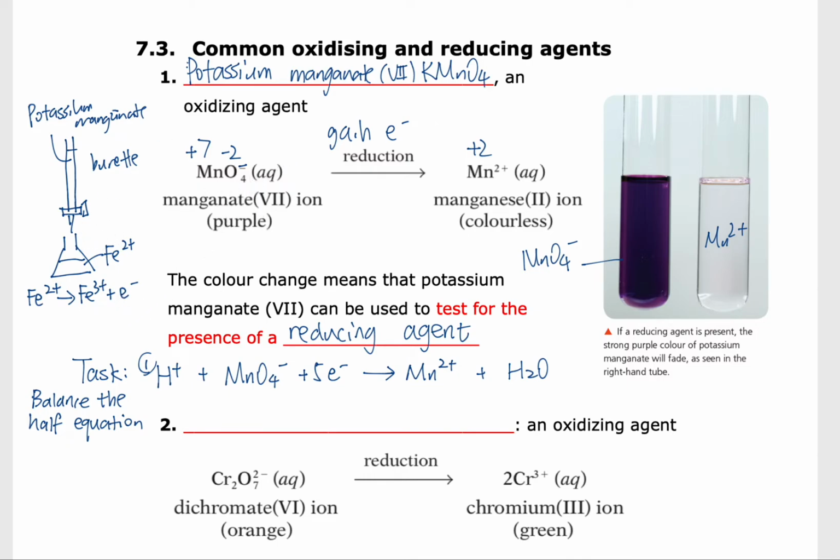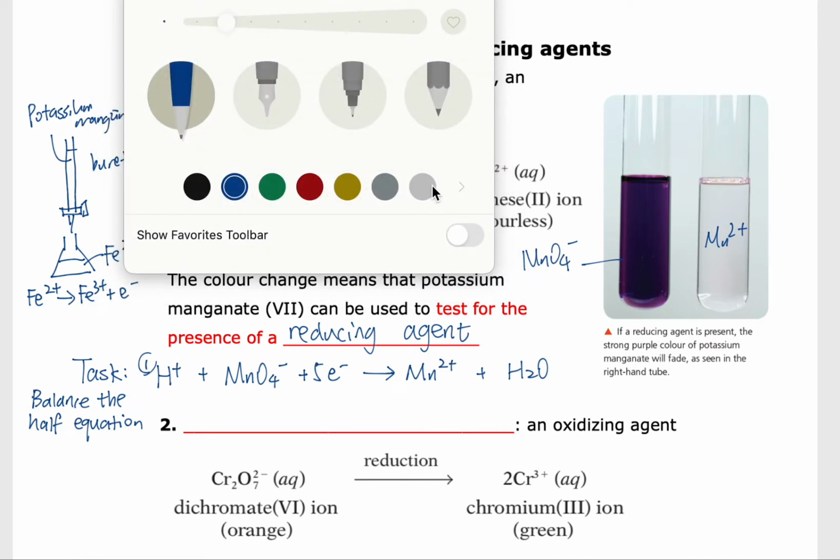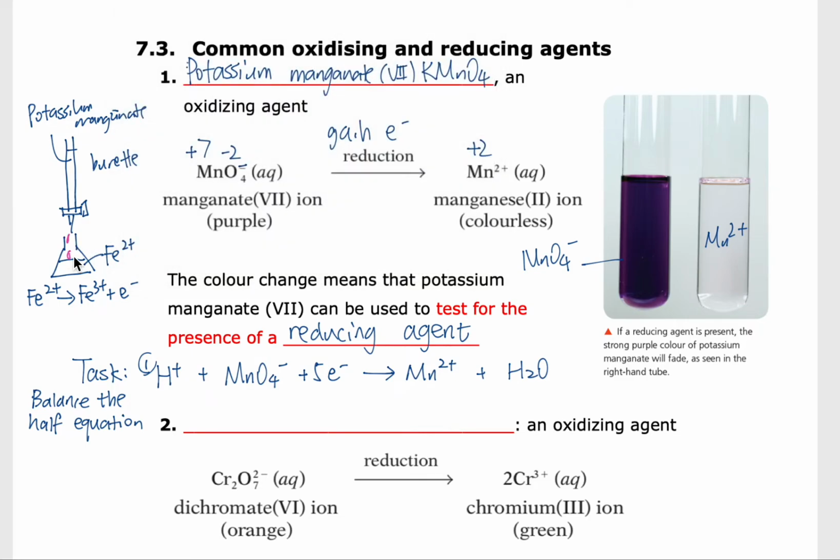So that's why in that video, we could see as the purple droplets come in, immediately as it reacts with Fe2+, it becomes colorless. So when does it stop? When all the Fe2+ ion are turned into Fe3+ ion, then there's no reaction happening.